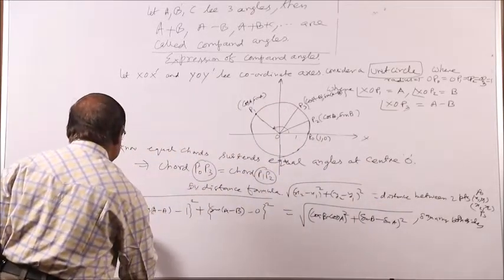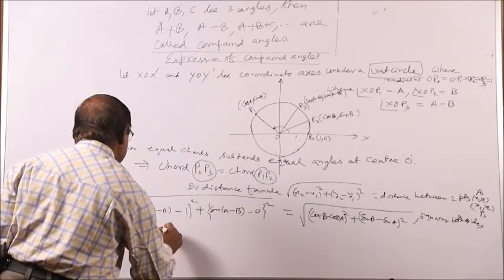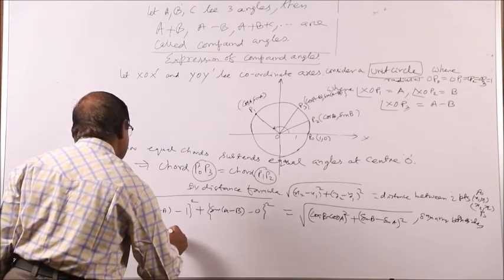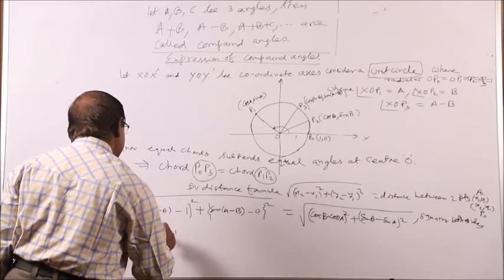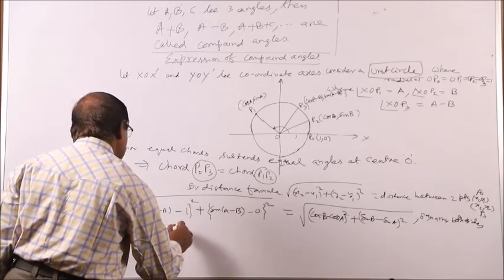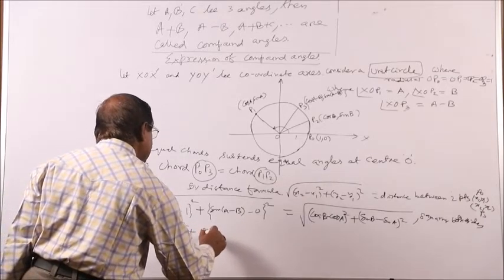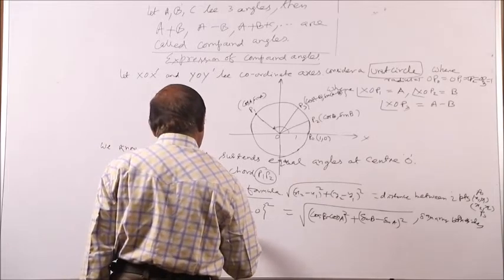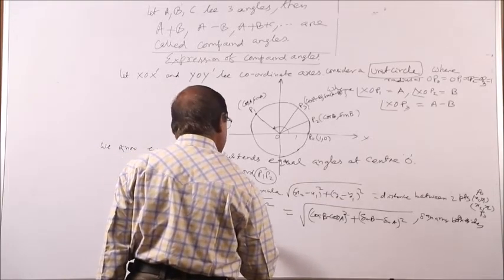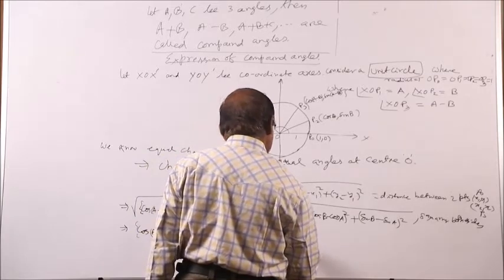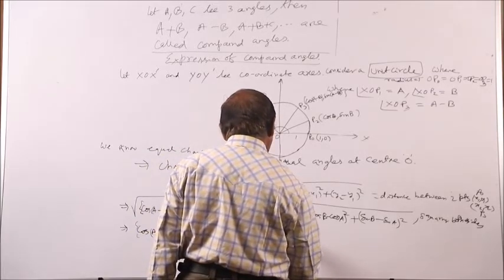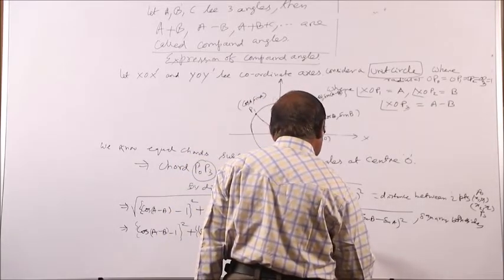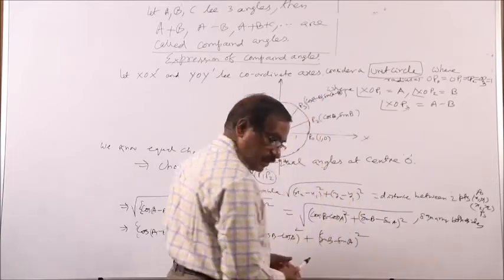This goes, and we get (cos A minus B minus 1) whole square plus (sin A minus B) whole square is equal to (cos B minus cos A) whole square plus (sin B minus sin A) whole square.